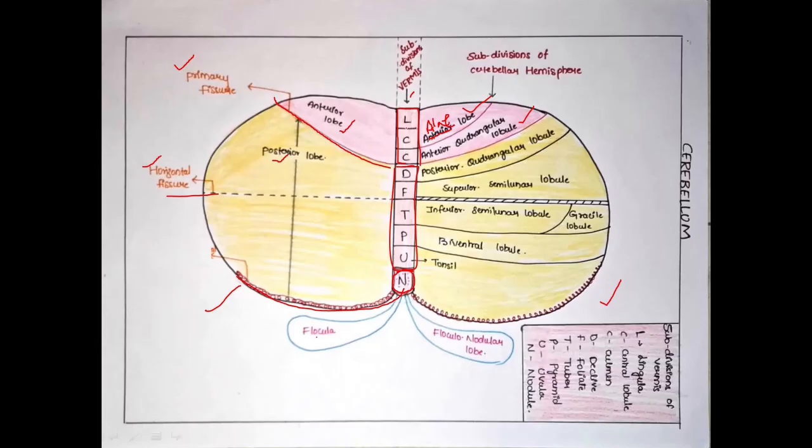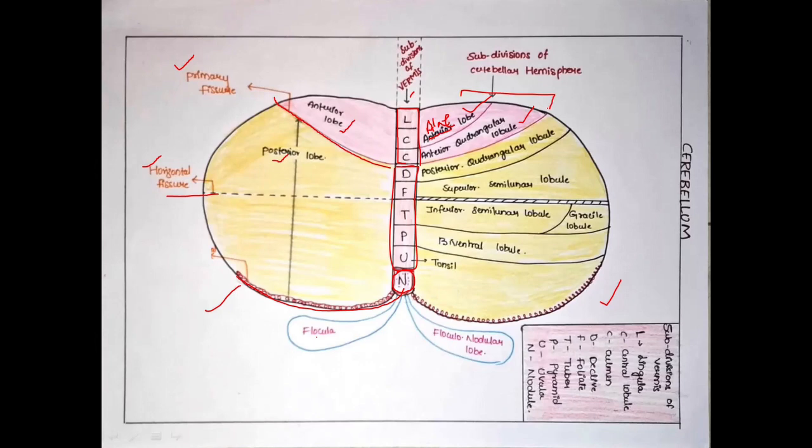So what are the subdivisions of the vermis in relation to the anterior lobe? Lingula, central lobule, culmen. What are the subdivisions of the cerebellar hemisphere in relation with the anterior lobe? Ala and anterior quadrangular lobule. Then we'll move on to our posterior lobe.